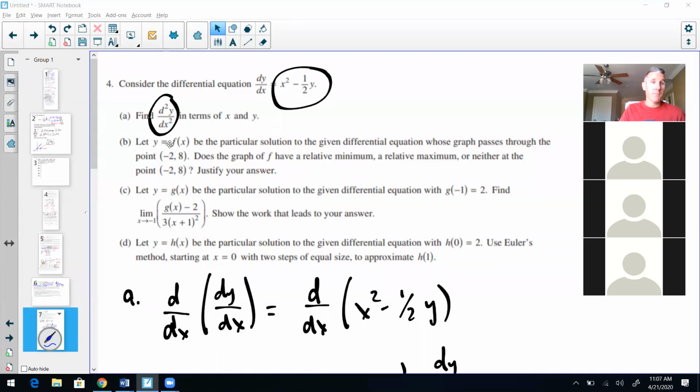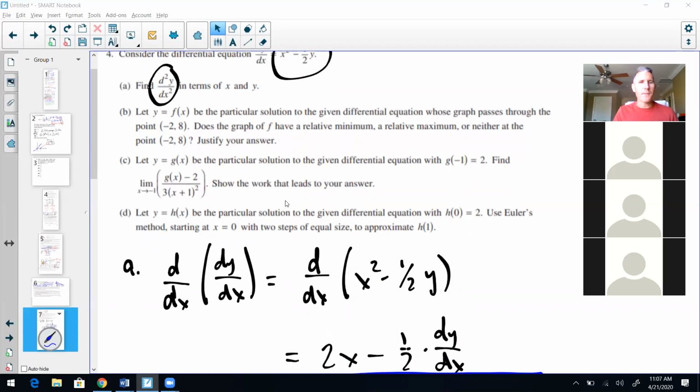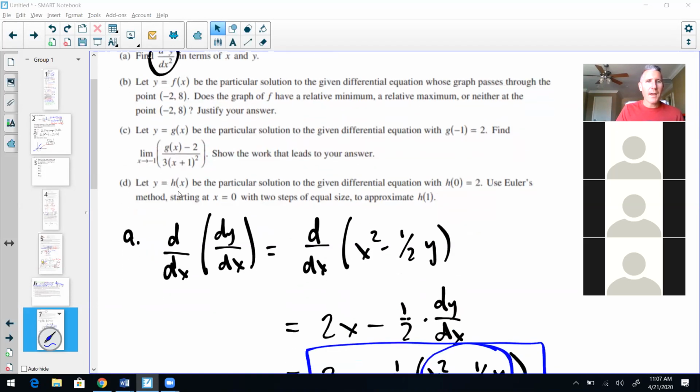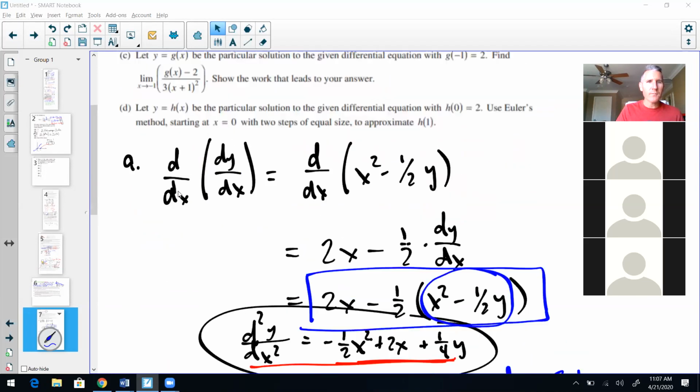So they're saying f of x is one of those, and it goes through the point -2, 8, along with many other points. And then they say g of x is another solution, and it goes through the point -1, 2, right? So anyway, then they say, find the limit as x approaches -1.